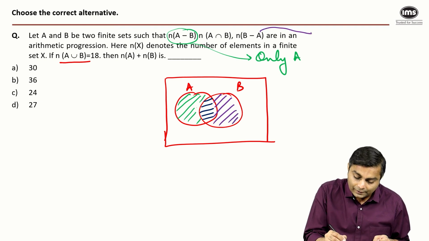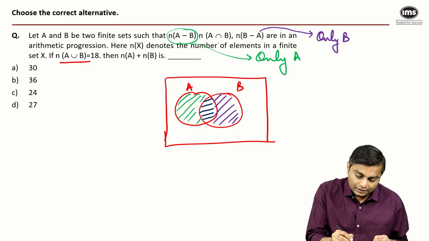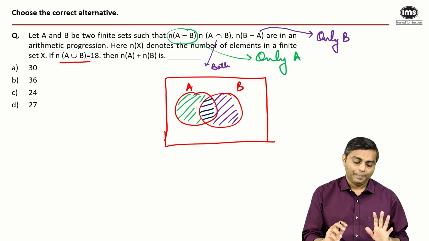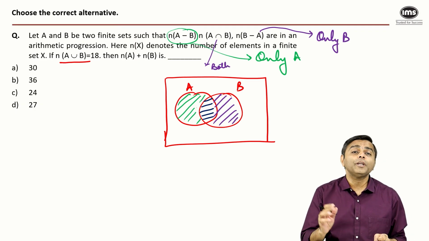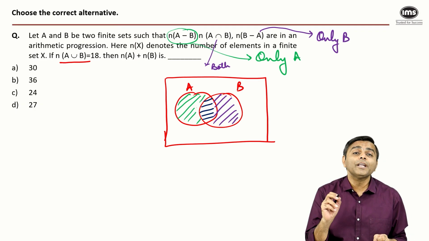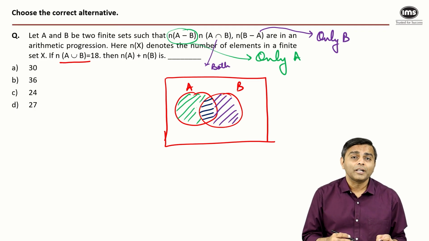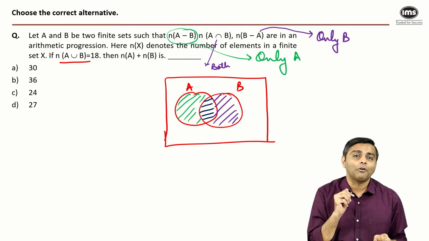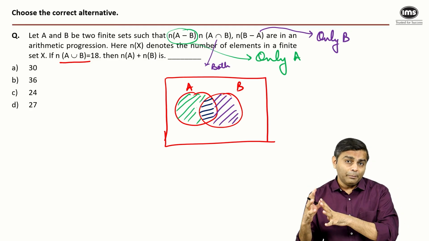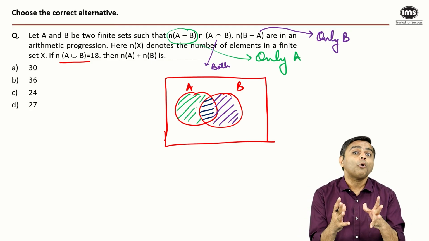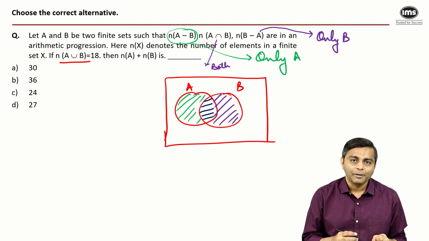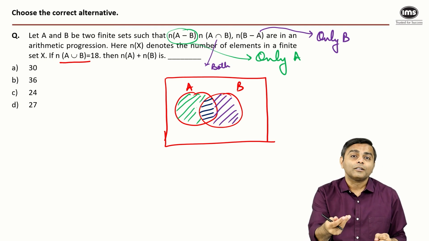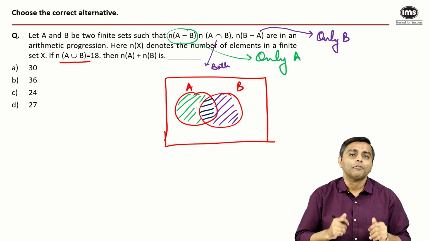So this guy is only B and this guy is both. Okay. Now, we are given A union B as 18. A union B is what? A union B is this whole, the addition of all the 3 regions that I've drawn. Only A, only B and the intersection, or rather both A and B, is nothing but A union B. Correct? That's what the connection is. That's where we have to start working.